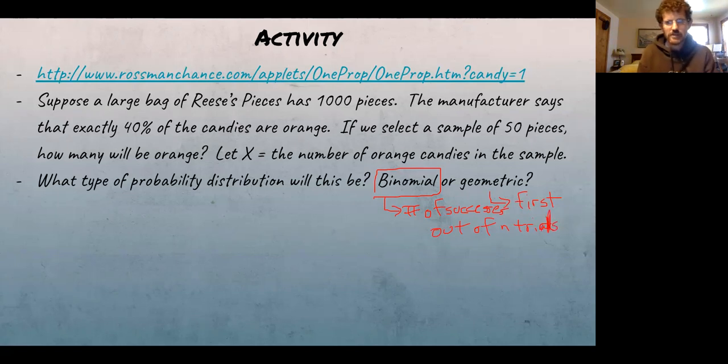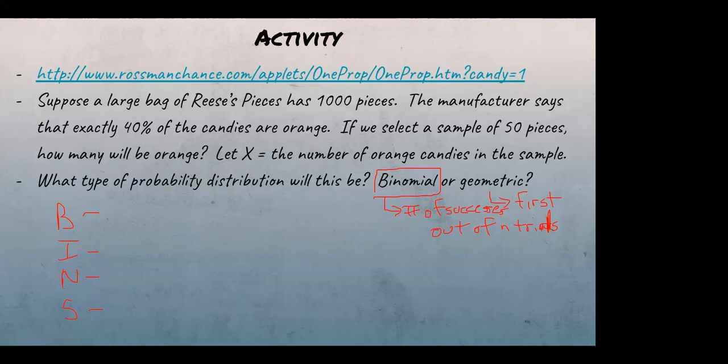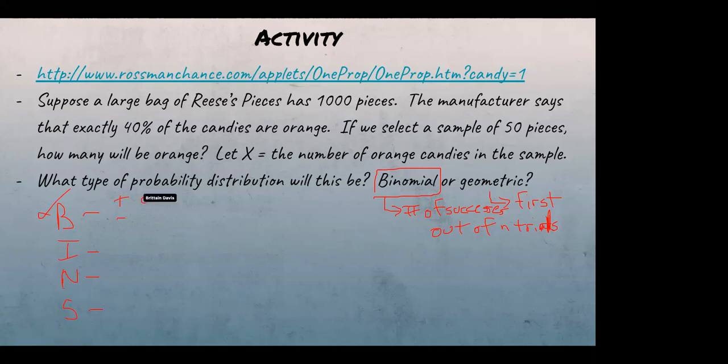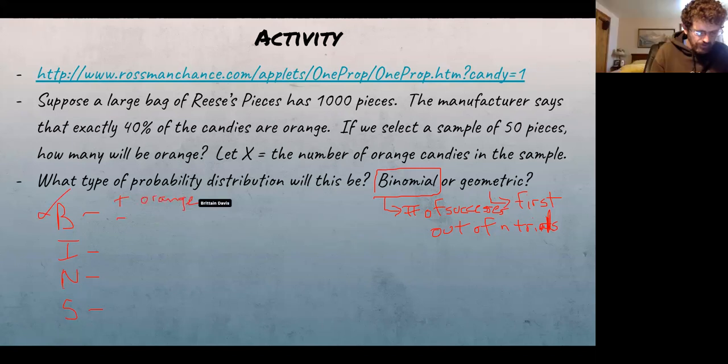We've got a set number of trials. In fact, we've got this BINS that we use to make sure that we've got the binomial setting. Is it binary? Yep. A success is orange. So that means not orange is a failure.